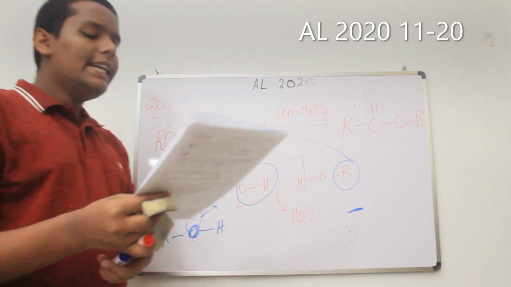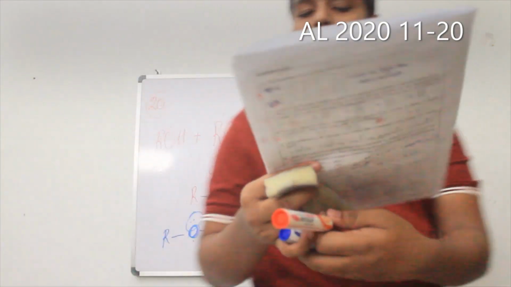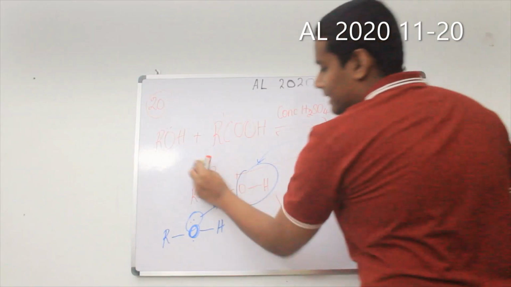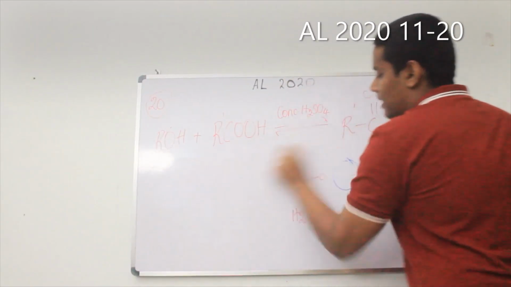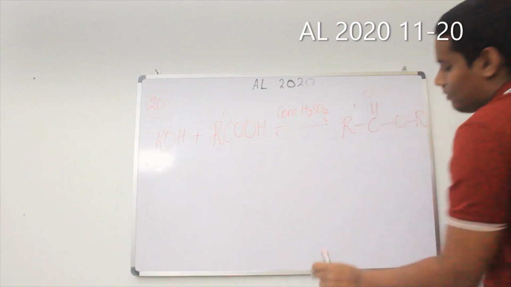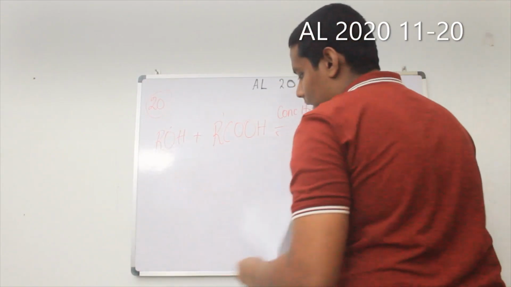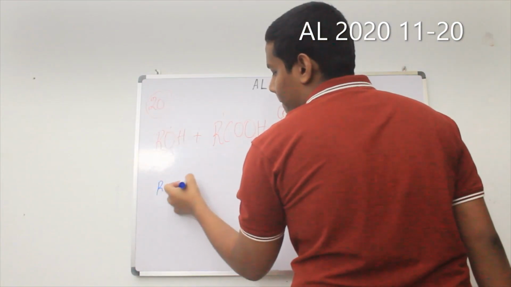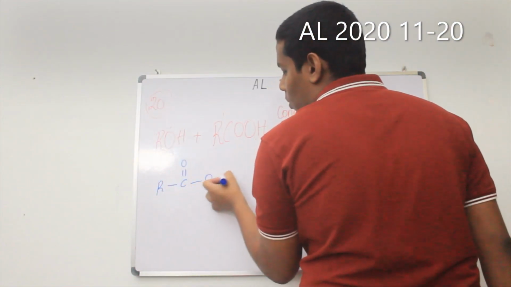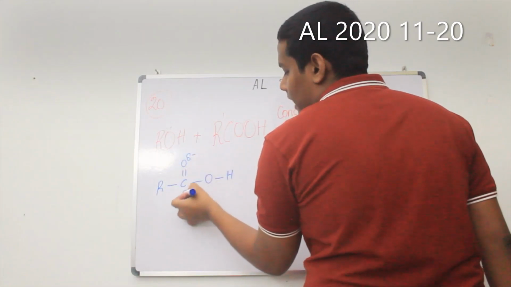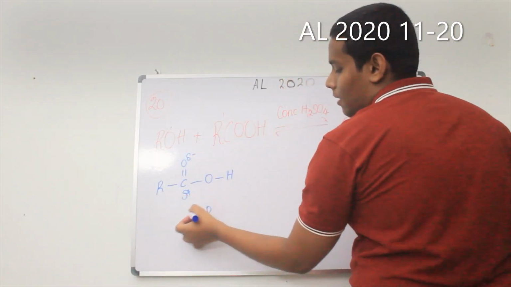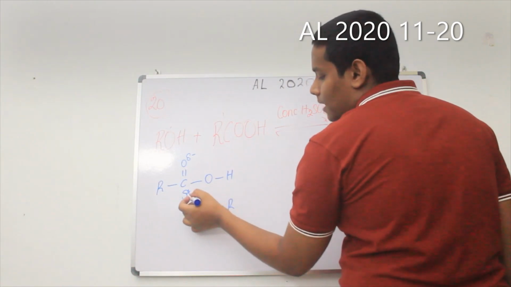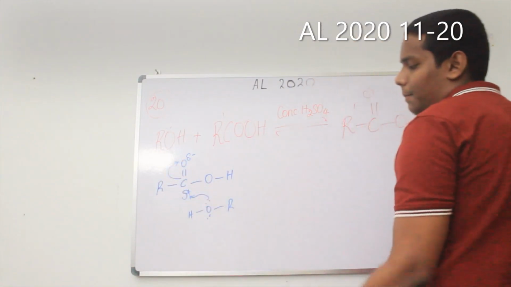Third one, it is a reaction in which there is cleavage of the OH bond of the carboxylic acid. Actually it's not the OH bond, it's the CO bond that gets cleaved. Look at this. If you consider the reaction mechanism, OH, slight negative, slight positive. He comes like this, so he has to open up.